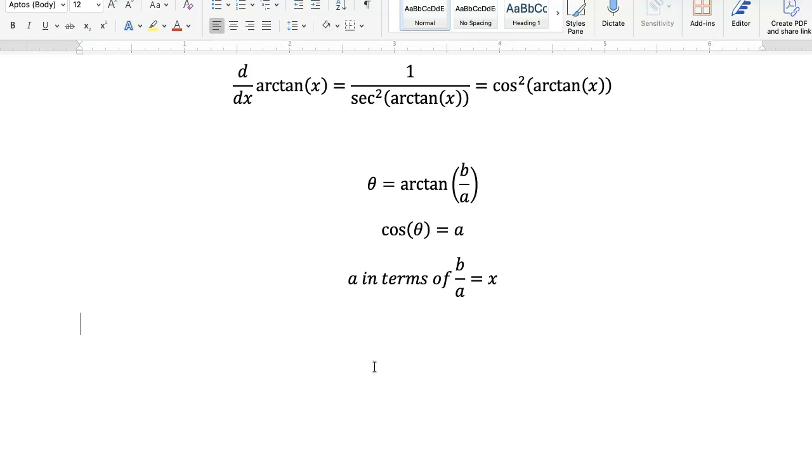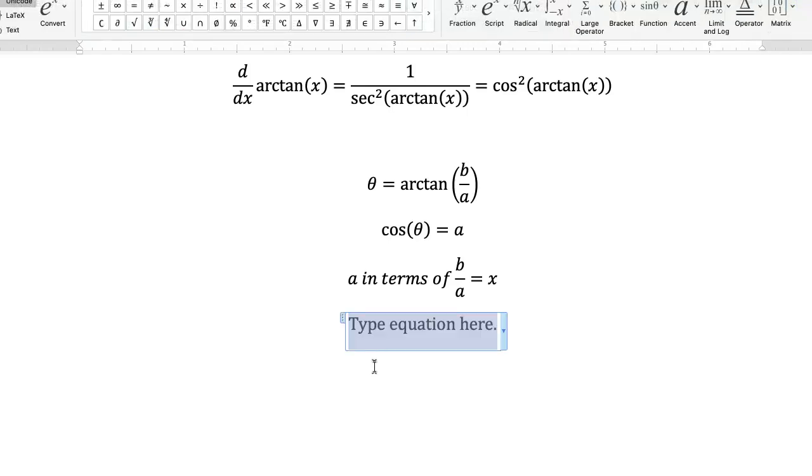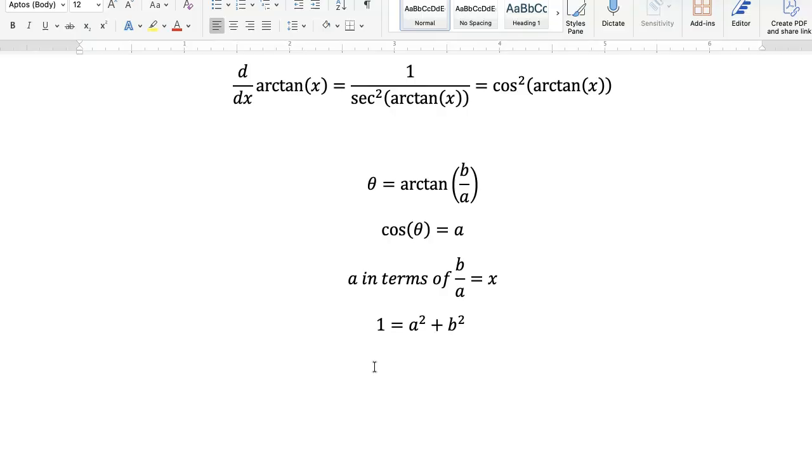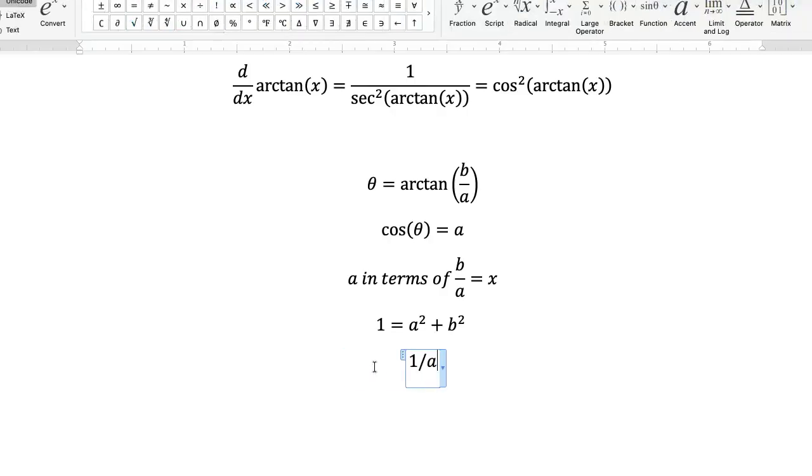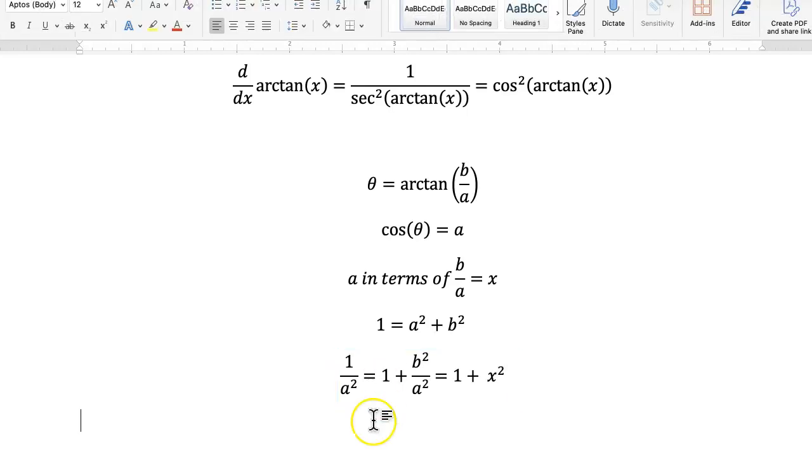Well, we still have 1 is A squared plus B squared. And if I divide both sides by A squared, 1 over A squared is 1 plus B squared over A squared. So that's 1 plus X squared. So I know 1 over A squared is 1 plus X squared.